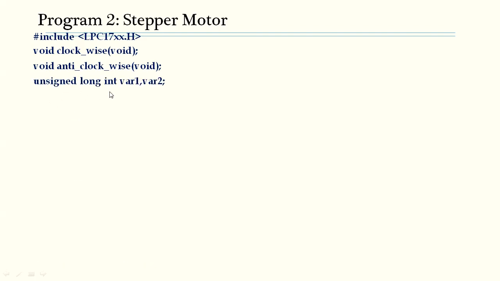And we'll be using the variables var1 and var2 as long int, because we have a complete 32-bit data being put into that. We would also require the variables i, j and k internally for the delay generations and so on. The variables can always be declared later depending upon the number of variables being used in our program.